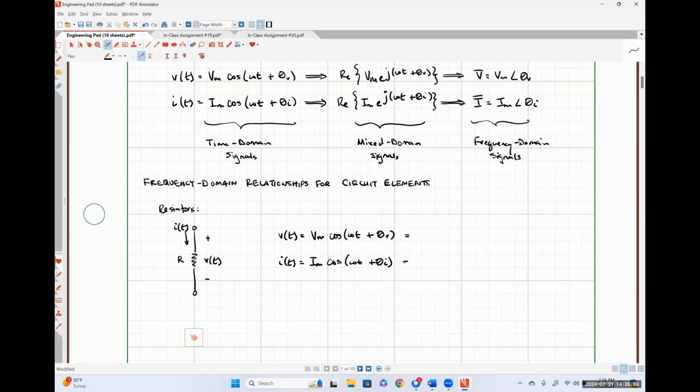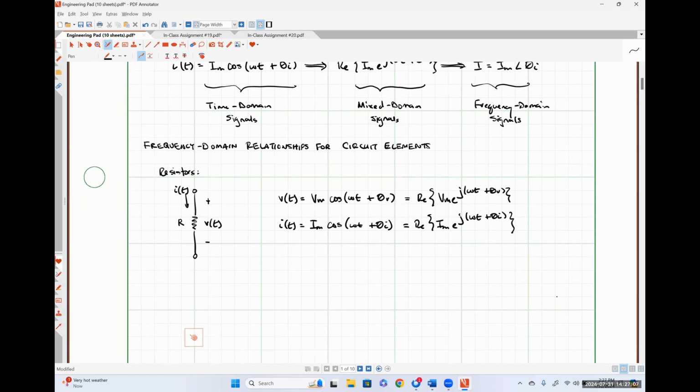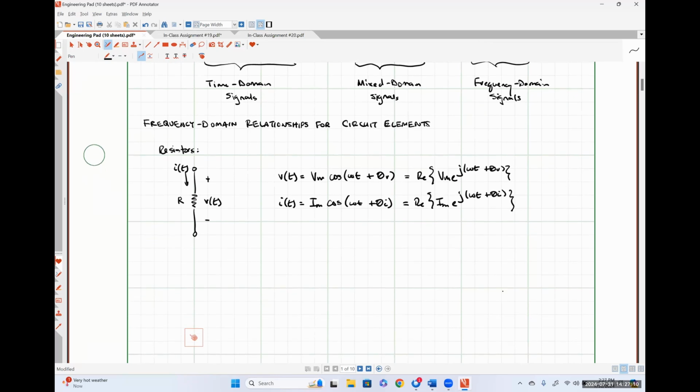As mentioned before, these signals are just the real part of the complex or mixed domain signals, Vm e to the j omega t plus theta v, and Im e to the j omega t plus theta I. So what is the relationship between current and voltage for a resistor?